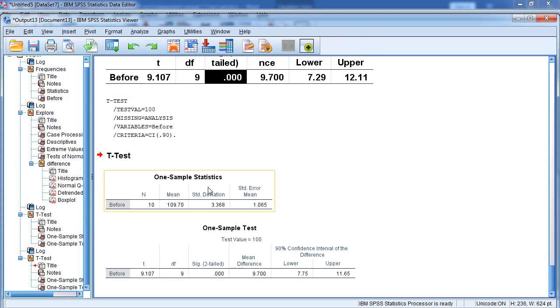Here you can see the sample mean, t-value, degrees of freedom and significance are the same as before. The only difference is the confidence interval: the lower 7.29 increases to 7.75, and the upper decreases from 12.11 at 95% to 11.85. Then you can change it to 99% and so on.